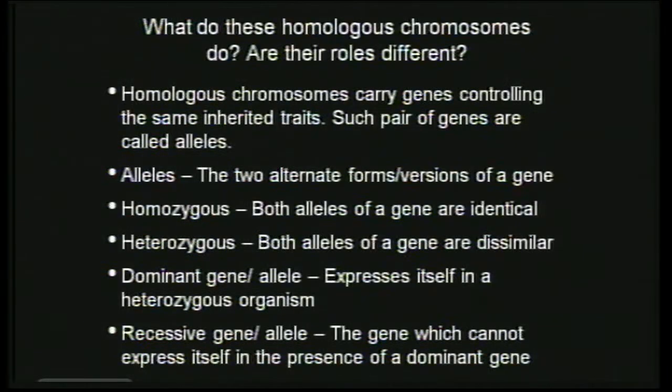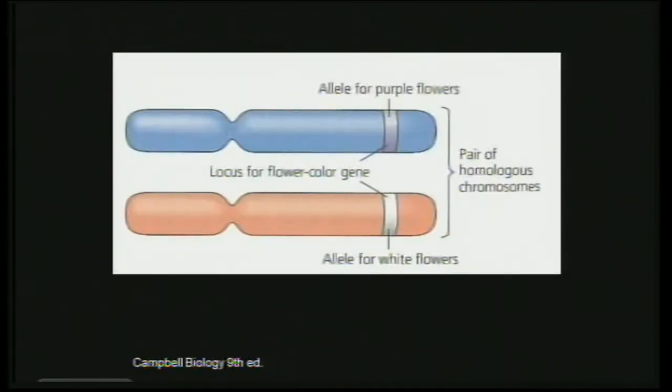That's very important. So let's come back to alleles. The 2 alternate versions or forms of genes are called alleles. In homozygous condition, both the alleles are the same, but in heterozygous condition, the alleles are dissimilar. For example, in this case, the alleles are different.